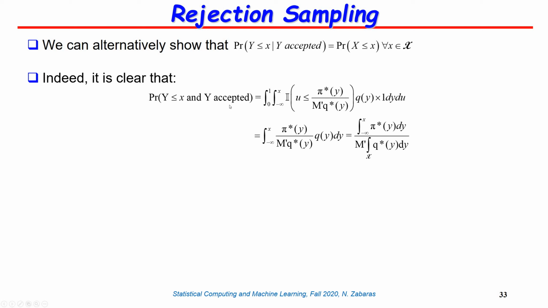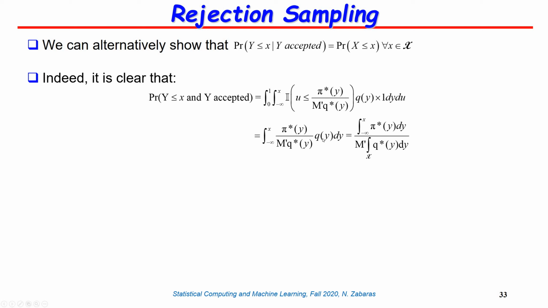So this is the joint probability of capital Y less or equal to x and y accepted. Now, because this indicator function is 0 when u is greater than this ratio, the integration in u will happen only from 0 to pi star divided by m star q star. So this is what I get, and then I have times q of y times dy.